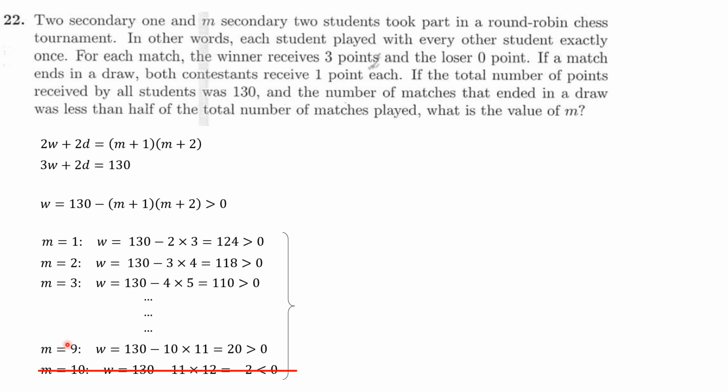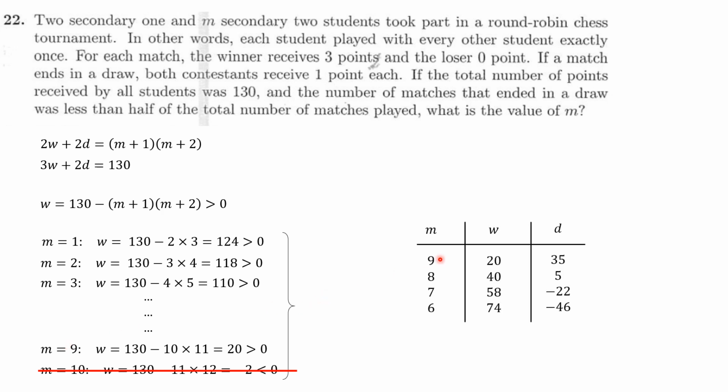Now let's identify the number of games that ended in a draw. For m equals 9, we know that the number of games that ended with a winner is 20, and if we plug this 20 here, it's going to be 3 times 20, which is 60, plus 2D equals 130. If we subtract 60 from both sides, we end up with 70.